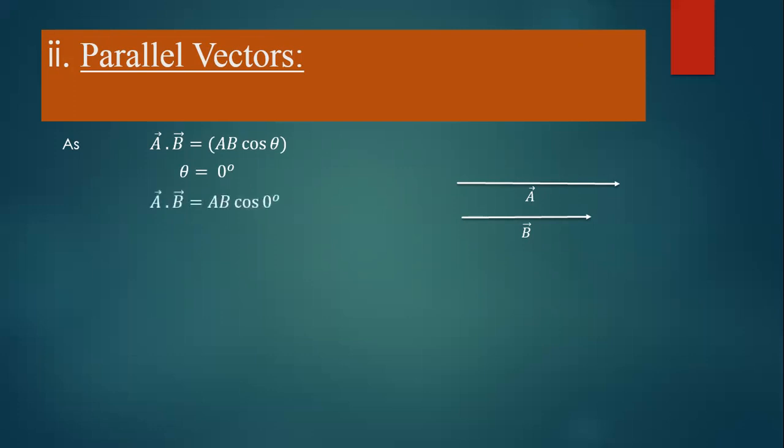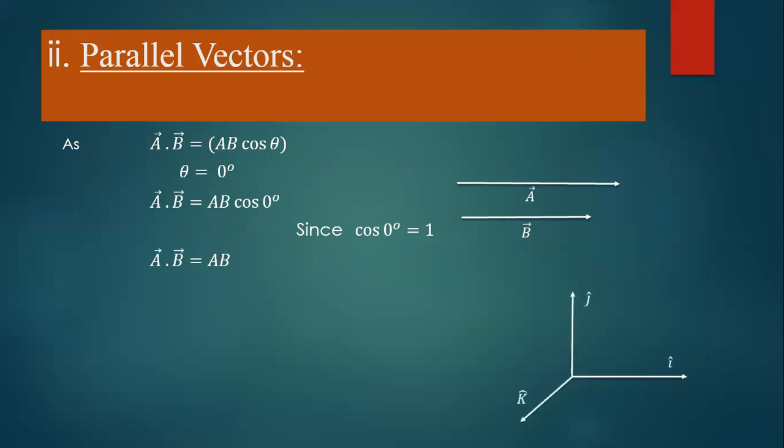So A dot B is equal to AB cos 0, and we know that cos 0 is equal to 1. So A dot B becomes equal to the product of magnitudes of both vectors, that is A into B, where A is the magnitude of first vector, B is the magnitude of second vector. Hence, when two vectors are parallel to each other, their scalar product becomes equal to the product of their magnitudes.